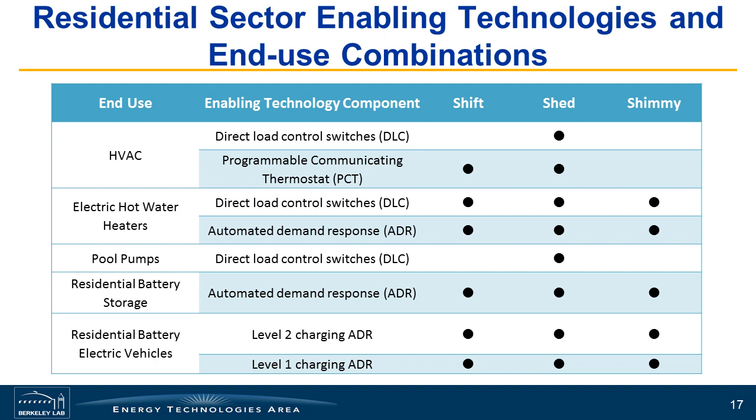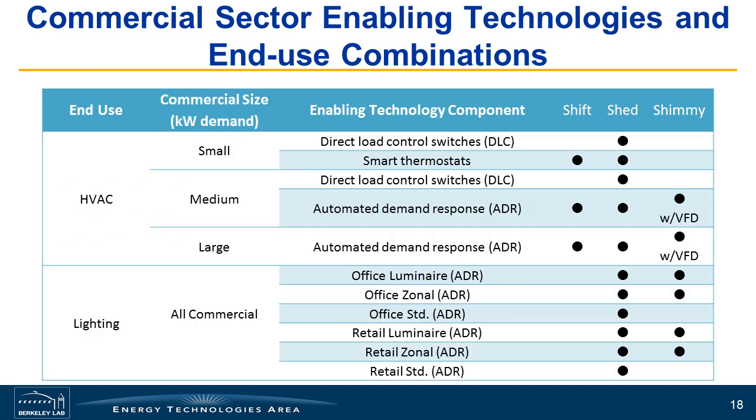And then, of course, batteries are the ideal technology that can pretty much do everything using automated demand response and smart inverters. And same thing with the electric vehicle batteries and chargers. All right, and then the commercial sector, this is kind of a long list, two slides.